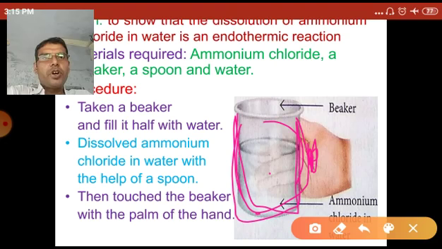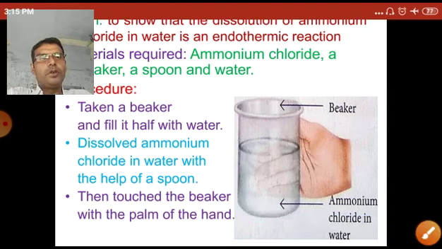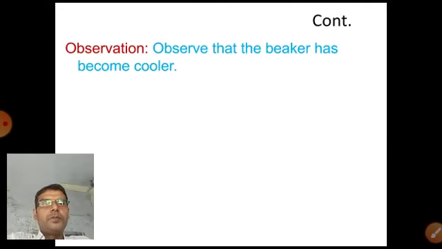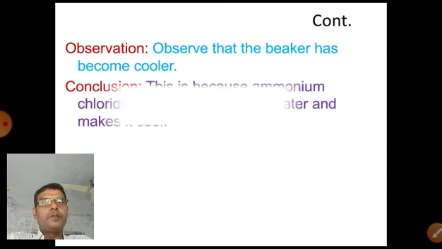So the temperature around the beaker falls, and due to the fall in temperature, after touching the beaker with the palm of the hand, we feel the cool. So we observe that the beaker has become cooler.